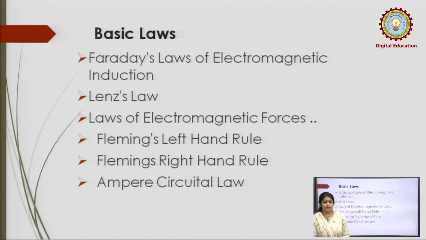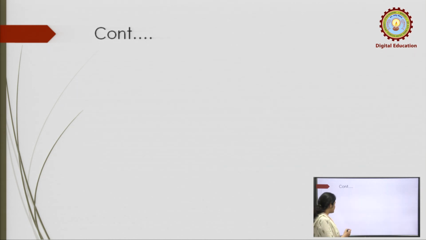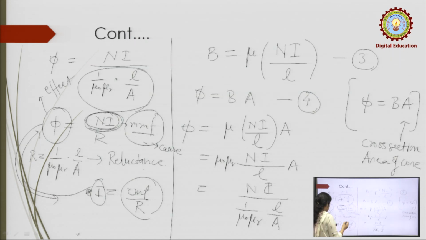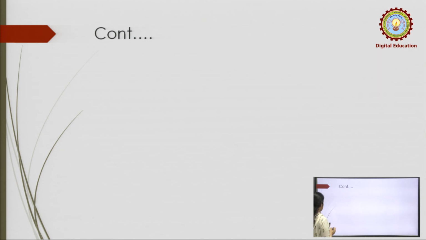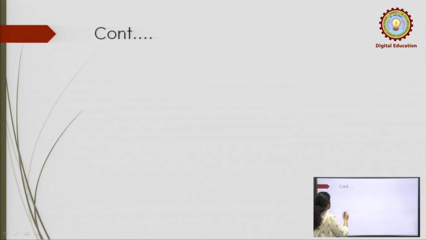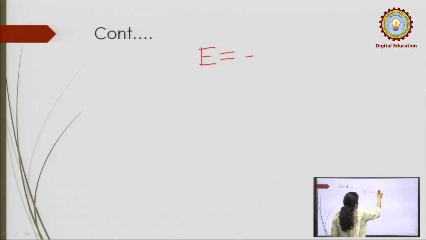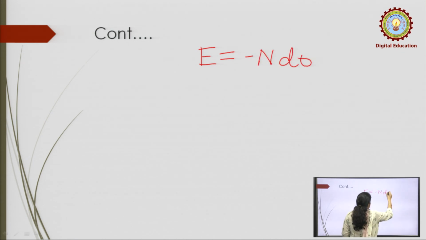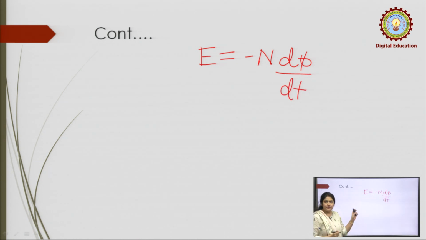So, the Faraday's law is: whenever there is a change in flux, the EMF is induced in the circuit, and that can be represented by the equation. So this is the Faraday's law.